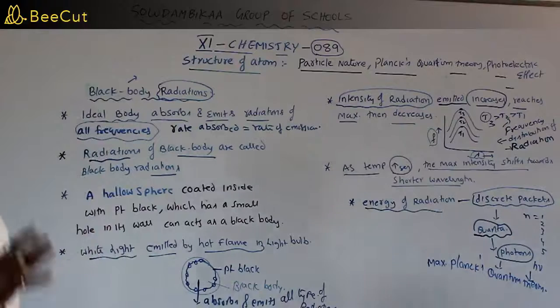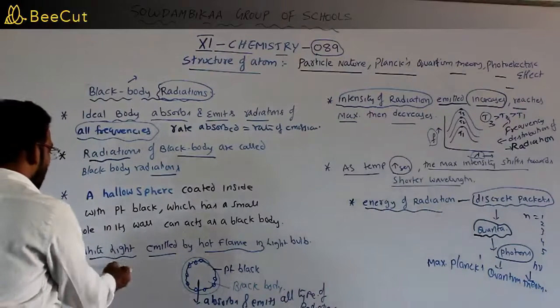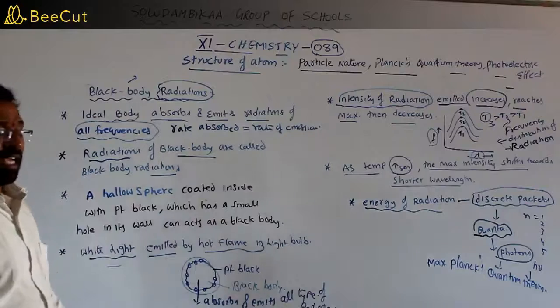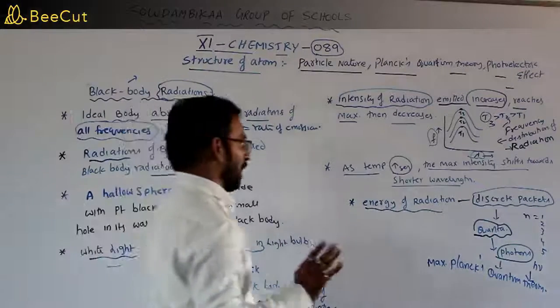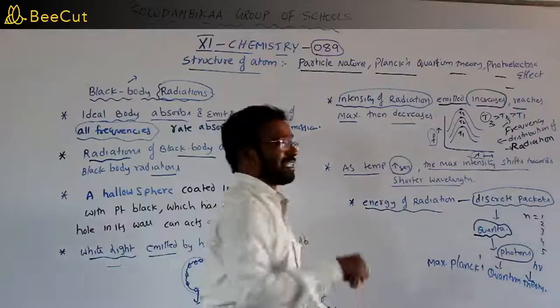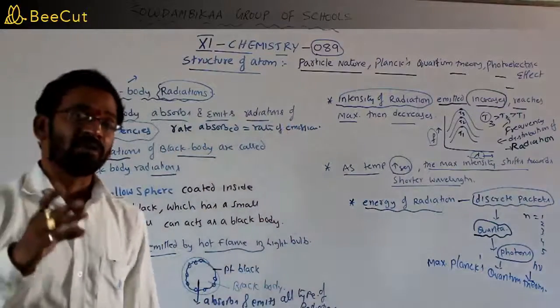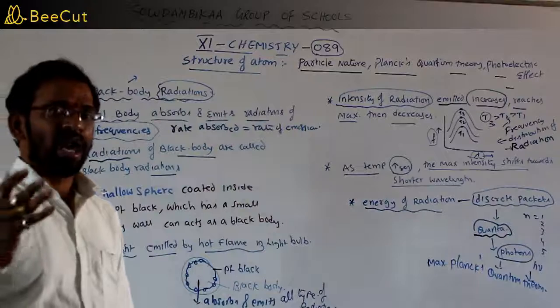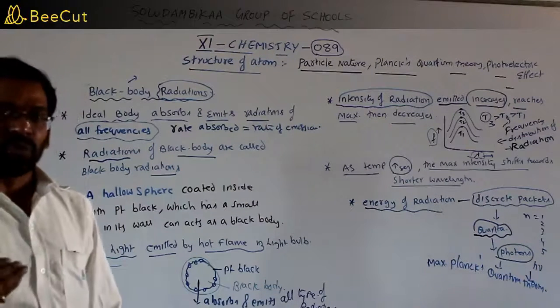Another example of a blackbody is the white light emitted by heating, or a hot flame in a light bulb. The intensity of radiation emitted by a blackbody is directly proportional to temperature, increases up to a certain extent and reaches a maximum, then decreases towards shorter wavelength.